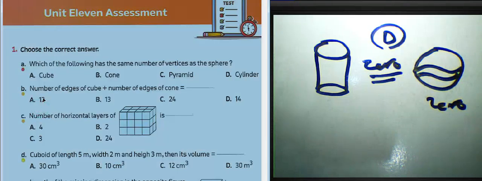Letter B. Number of edges of cube plus number of edges of cone equals space. He asked about the number of edges of a cube. We know a cube has 12 edges, 6 faces and 8 vertices. So the number of edges of the cube will be 12, plus the number of edges of the cone.